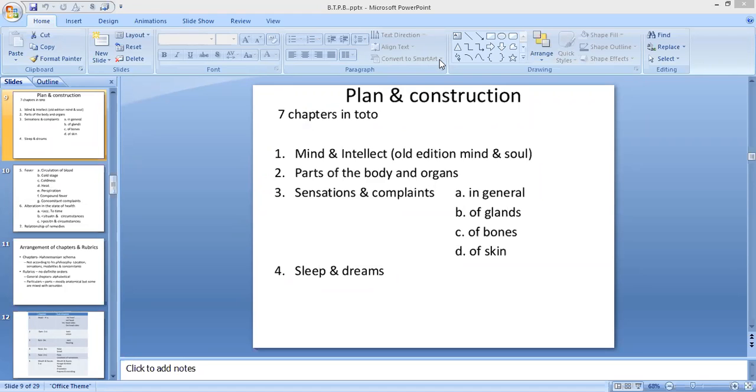Then the second part of this book is nothing but the repertory part, and the name of this part was Boenninghausen's Therapeutic Pocket Book for Homeopathic Physicians to use at the bedside in the study of Materia Medica, which was reconstructed by adding new medicines, by subtracting some medicines from the original work, as well as by reconstructing rubrics.